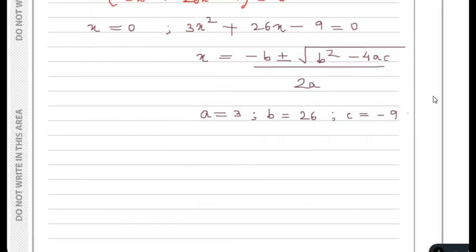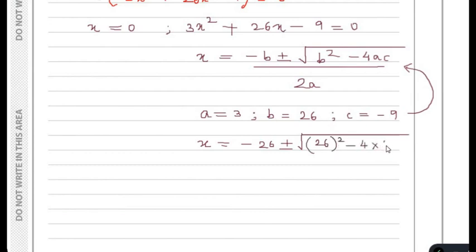So let us substitute these values over here and see what we get. So x is equal to negative 26 plus minus square root of b square, which is 26 square, minus 4 times a, which is 3, times negative 9, over 2 times 3.